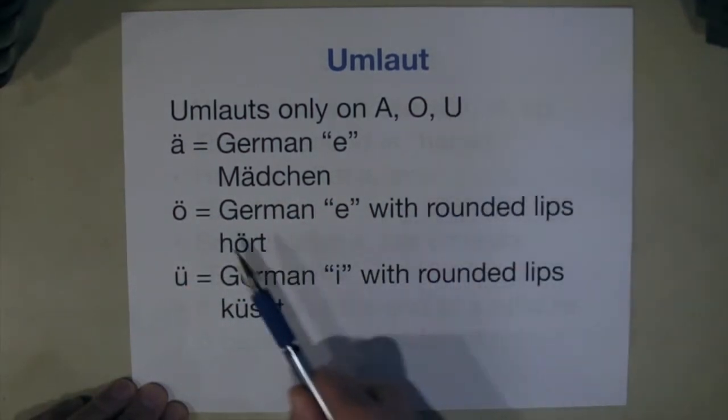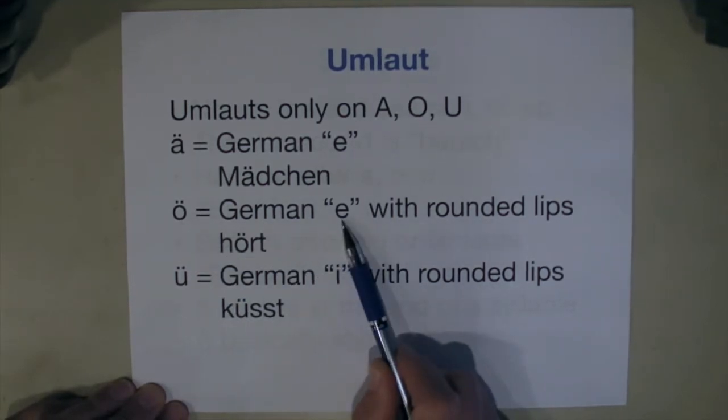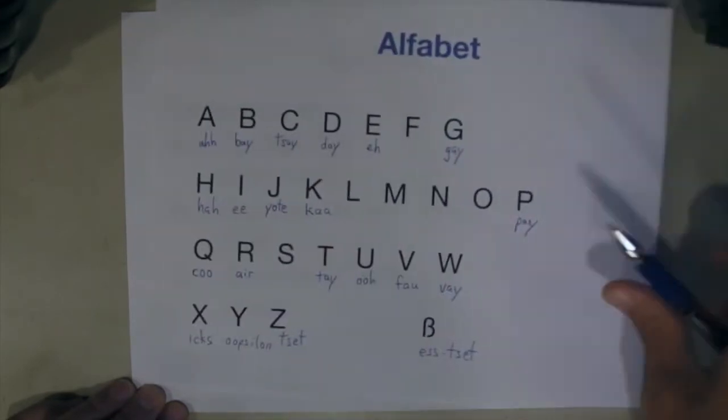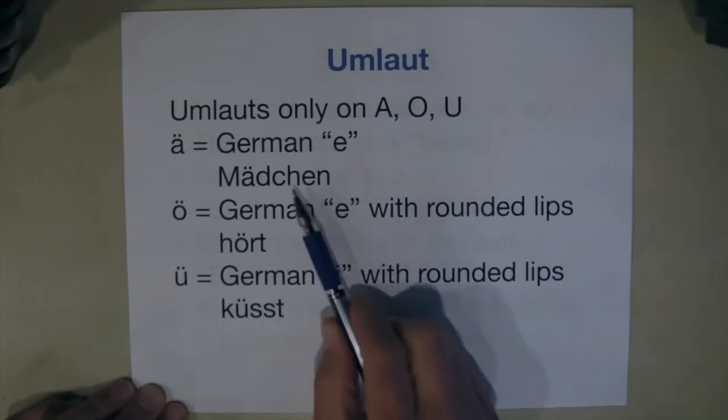Very good. Now, this one here is a fun one to pronounce. We don't really have this sound in English. Some could argue there are a few sounds that are close, but not a true German umlauted O. Basically, you pronounce the German E, which remember is pronounced A, okay? And then you keep your tongue and your teeth exactly where they are, and you start to bring your lips together in a rounded form.